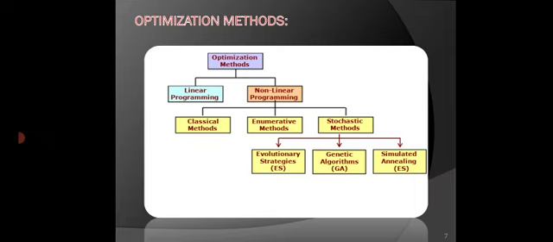Linear programming and non-linear programming are the basic mathematical methods of optimization, in which the non-linear programming is further classified as classical method, enumerative methods, or stochastic method. Further, the stochastic methods are classified as evolutionary strategies, genetic algorithm, and simulated annealing.